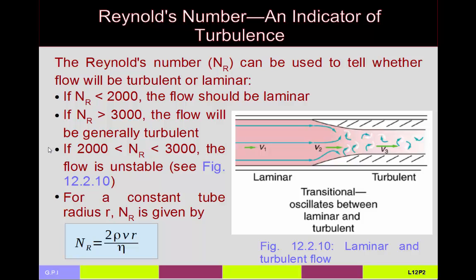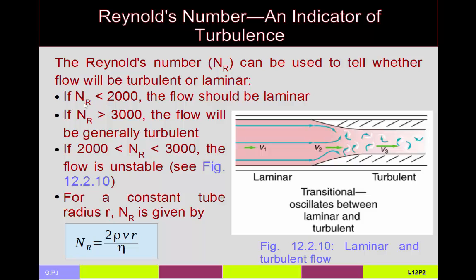So one way of determining when turbulence is going to happen due to high speed of fluid flow is to use what's called the Reynolds number. The Reynolds number is a number that you calculate. It can have any value that is positive.